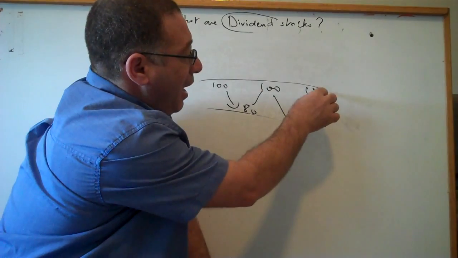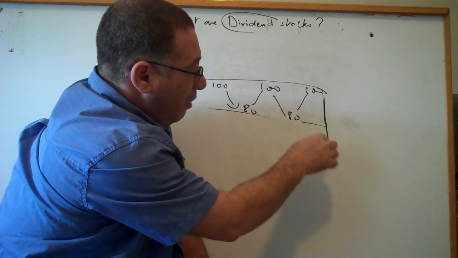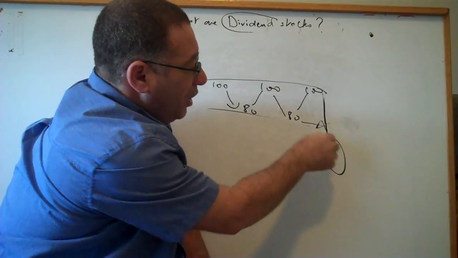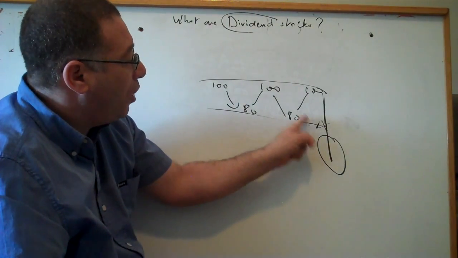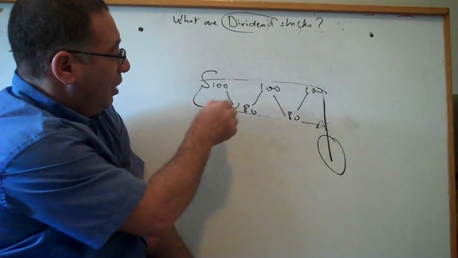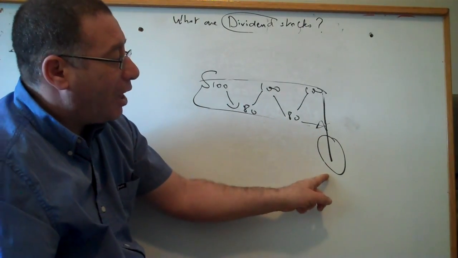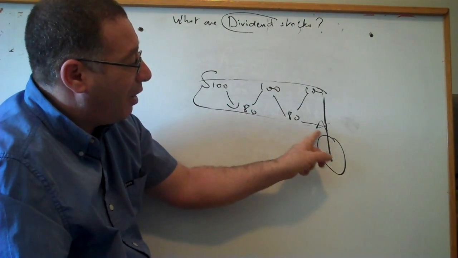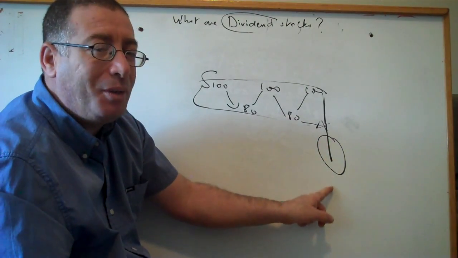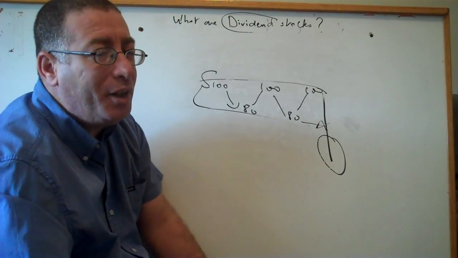But if one day it goes below 80, this is the big danger. This is the big danger, because when it goes down out of the range, it means there is a problem with the company, and the price will go down and down and down, and you don't know where it goes.